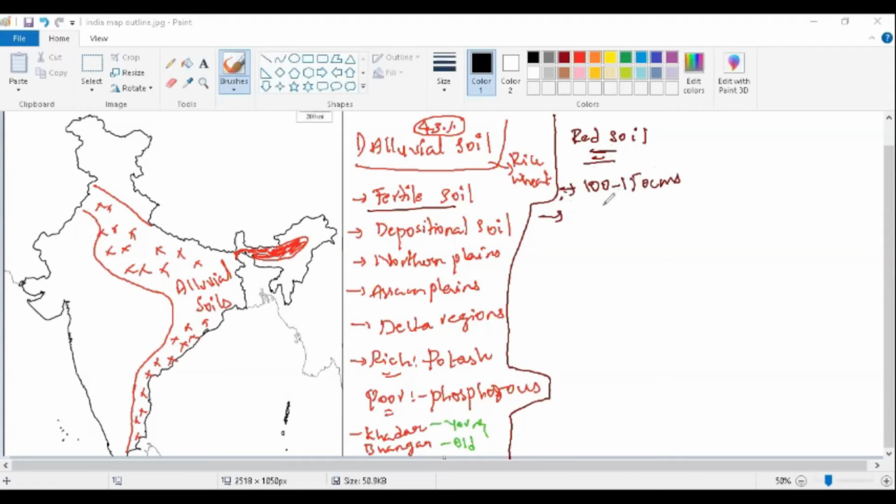It is because of the parent rock, Archean rock, available in peninsular India, which has high content of iron that leads to red soil. So the major source of red soil is the parent rock. For alluvial soil, it was the deposition by rivers.